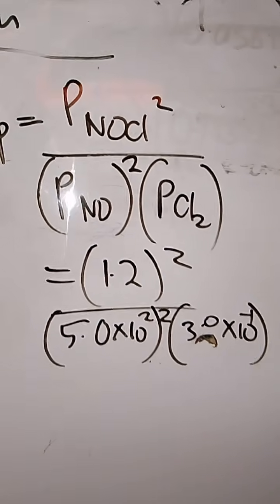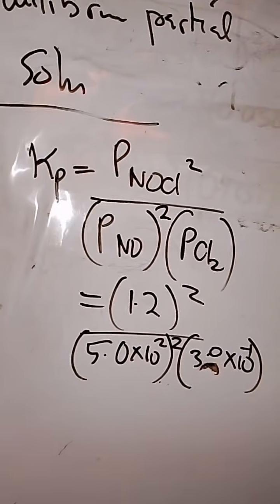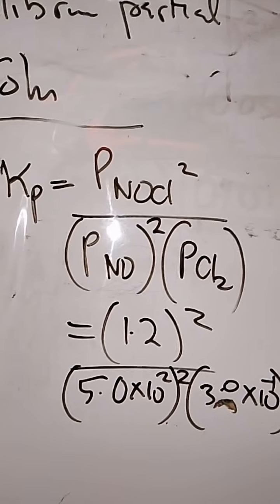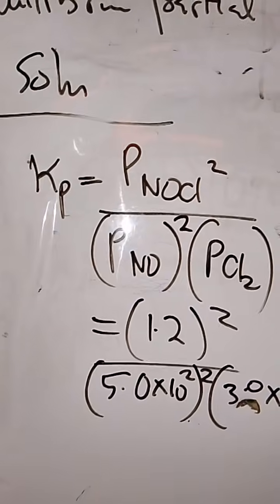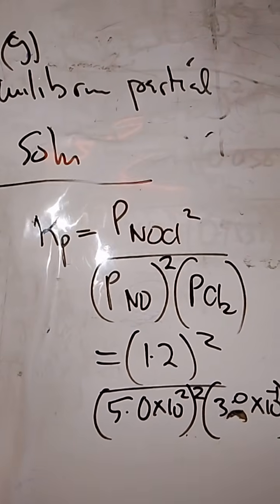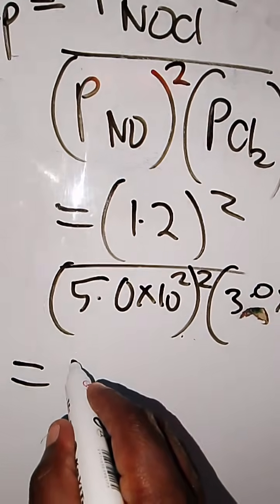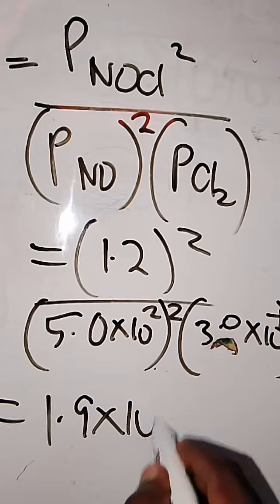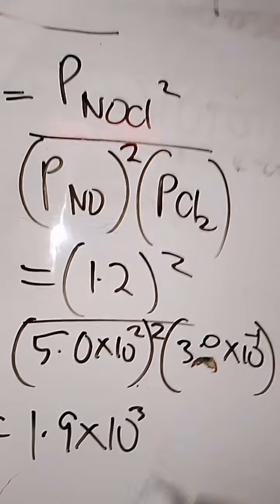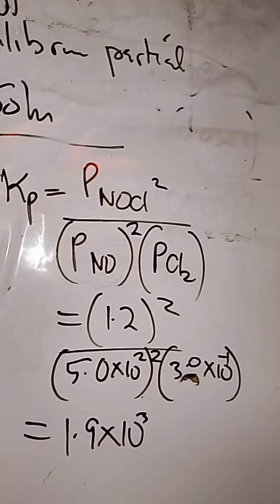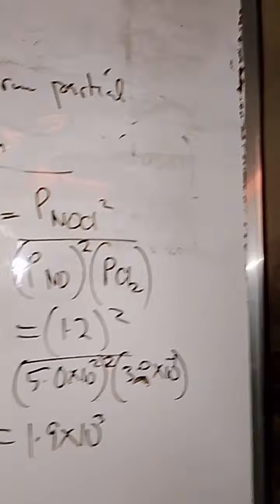Okay, so you do your arithmetic. You square the number on top, you square 5.0 times 10 to the power 2, then you multiply. You are going to find your Kp as 1.9 times 10 to the power 3. Okay, so that is the Kp for this reaction.